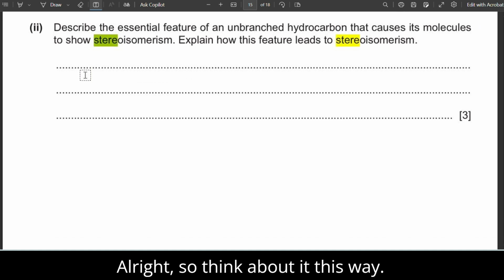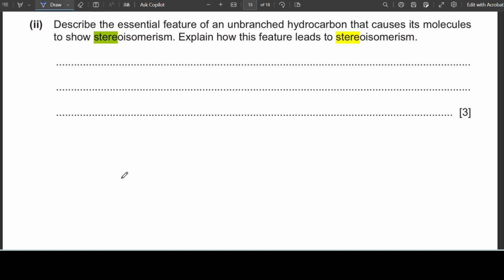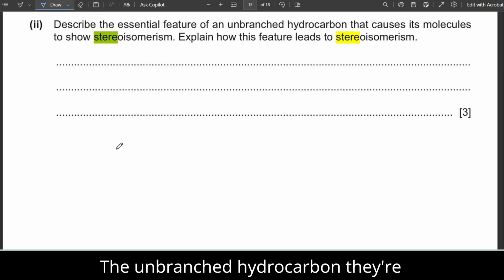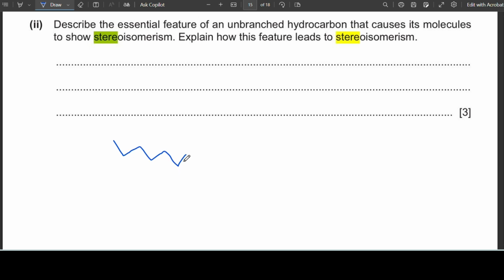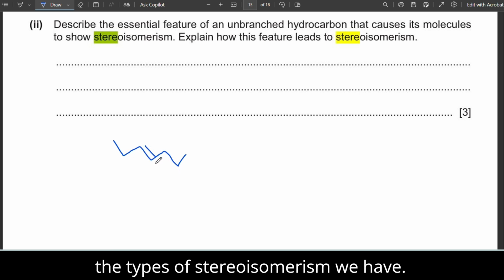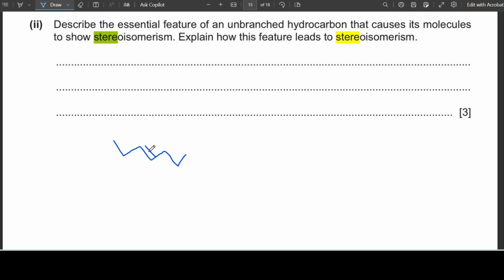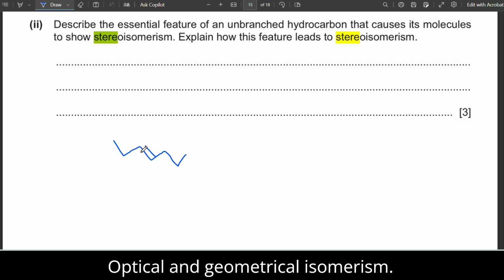Alright, so think about it this way. The unbranched hydrocarbon they're talking about is one that actually has double bonds here. So let's think about the types of stereoisomerism. We have optical and geometrical isomerism.